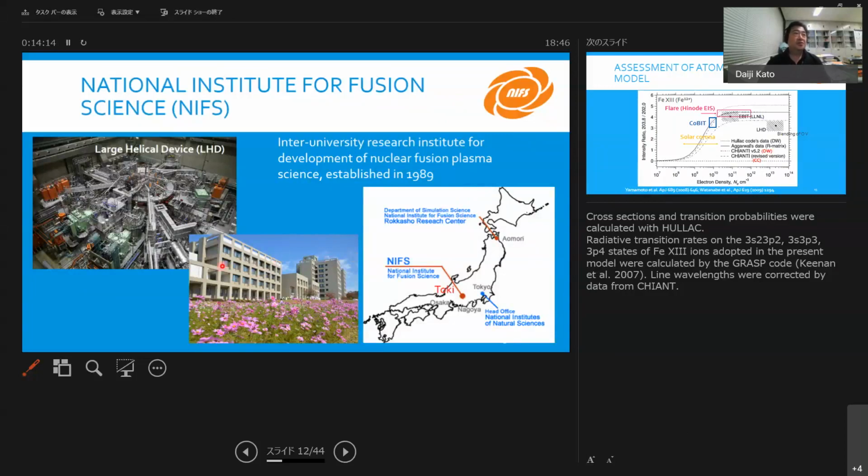This model includes very complicated atomic processes in the plasma: collisional excitation, de-excitation, spontaneous radiative decays, ionization, and recombination. And we solve this rate equilibrium equation, taking into account the detailed atomic data.